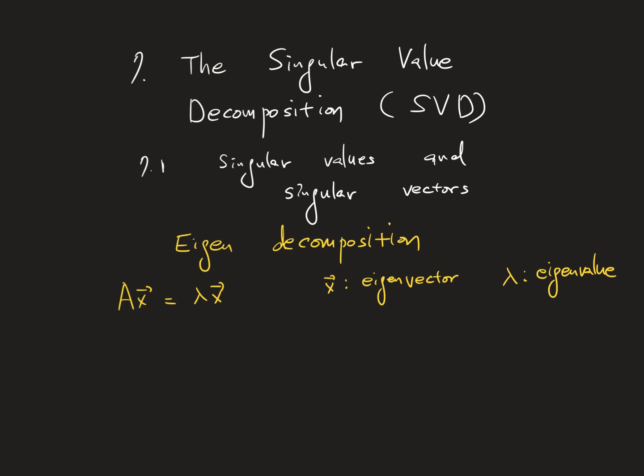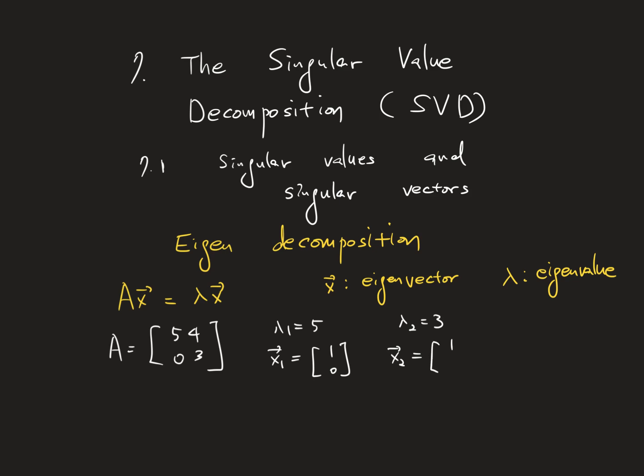Let's take an example. A is equal to [5, 4; 0, 3]. We get lambda 1 is equal to 5, and x1 is (1, 0). Then lambda 2 is equal to 3, and the corresponding eigenvector is (1, -2).